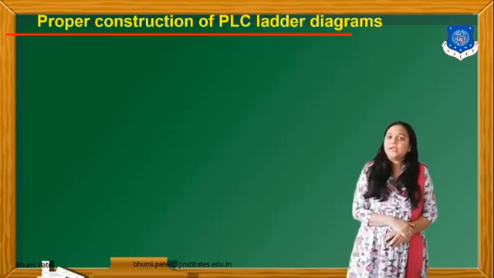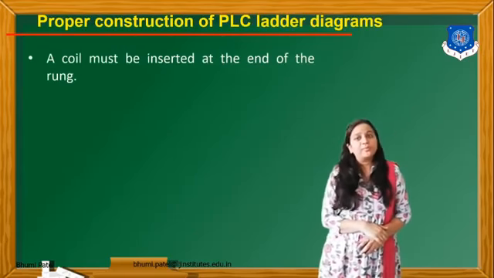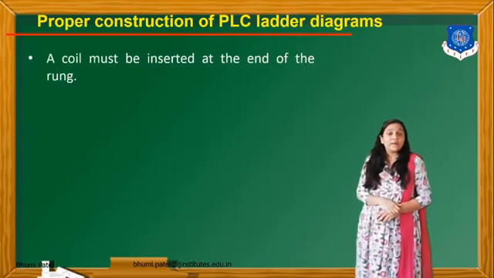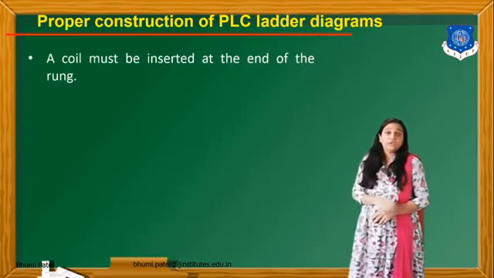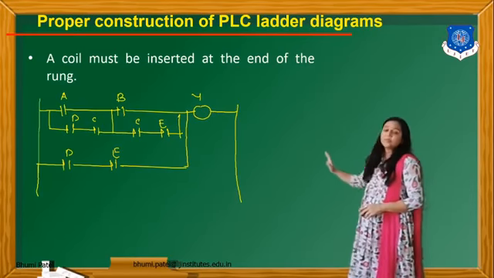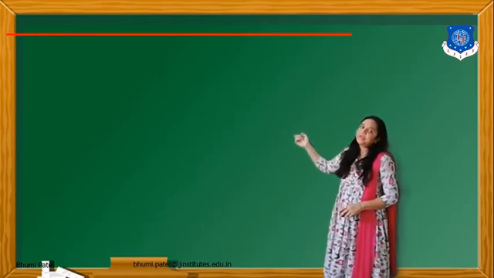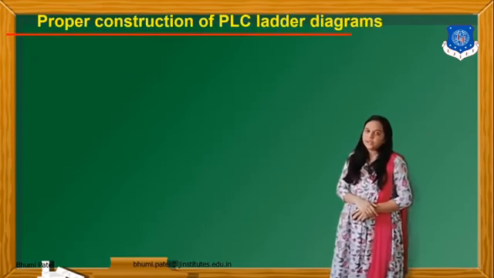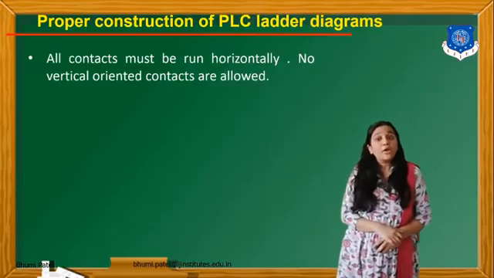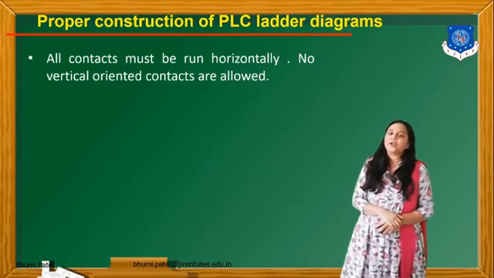Now the next one is the coil must be inserted at the end of the rung. Whenever we connect the output, the output will always be at the end of the rung. So this is my PLC diagram. Y is my output, so Y is always connected at the end of the rung. The third one is all contacts must run horizontally. No vertically oriented contacts are allowed.